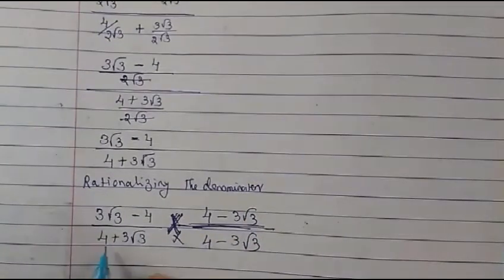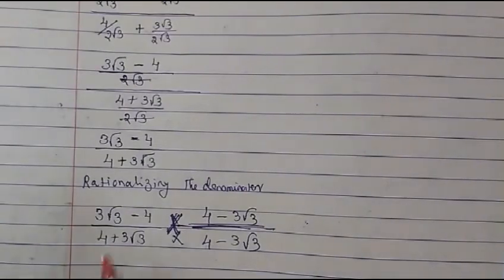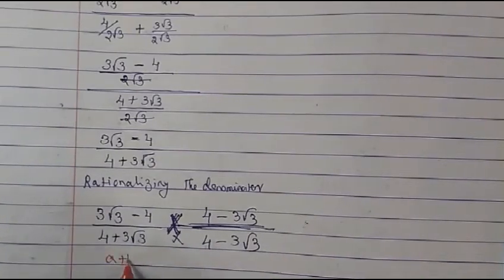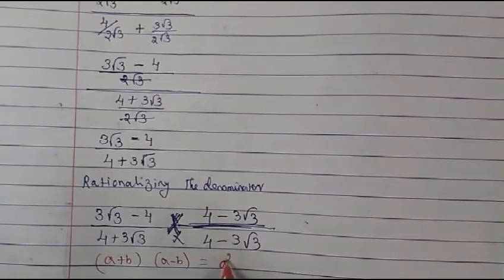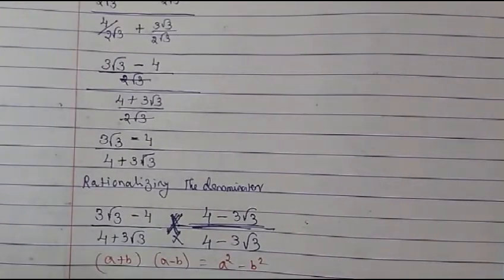With this we will multiply the whole thing, and with this the whole thing we will multiply. Okay, and this, if you see, is in the form of 4 plus here, minus here, so this is in the form of a plus b, a minus b, which will be a square minus b square. So this is our a and this is our b. Okay, you see, fine. So let's continue.